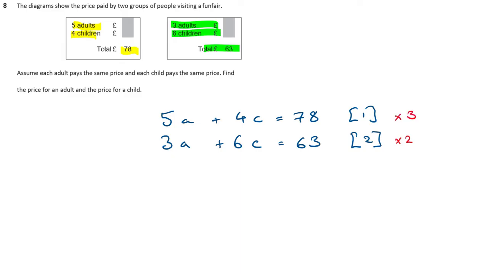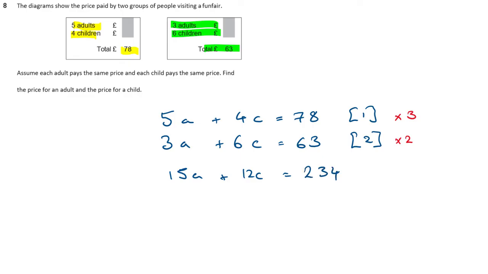So let's take equation 1 and multiply it through by 3. 5a times 3 is 15a. 4c times 3 is 12c. 78 times 3 is 234, isn't it?